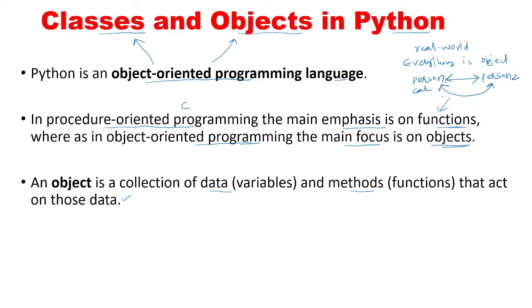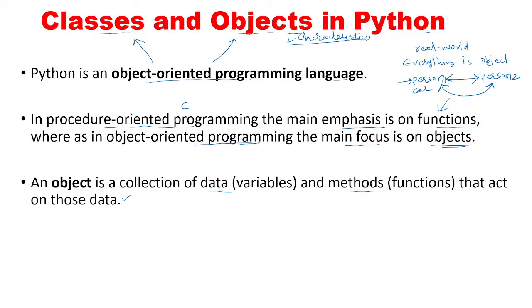How can we identify that a person or a thing in the real world is an object? In the real world, every object will have two characteristics.